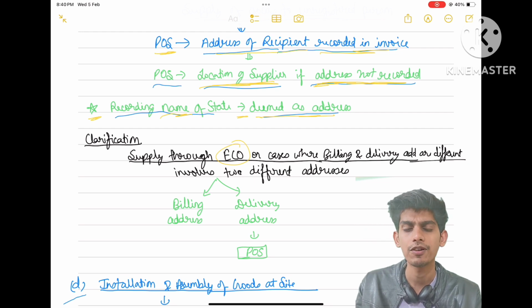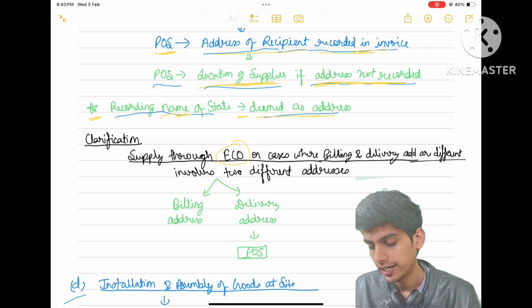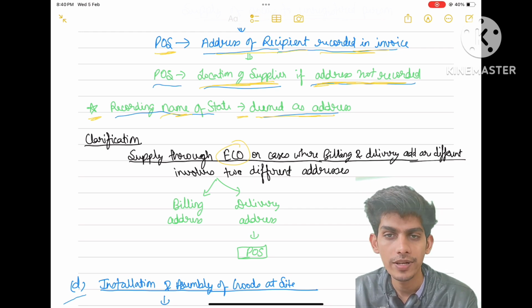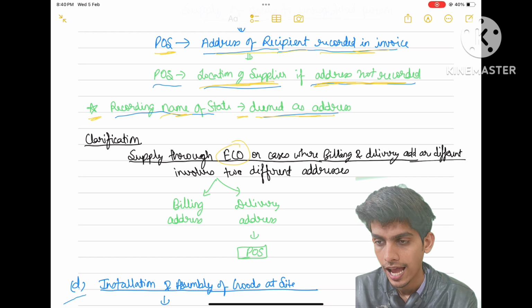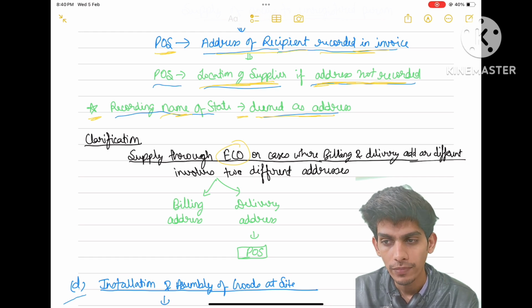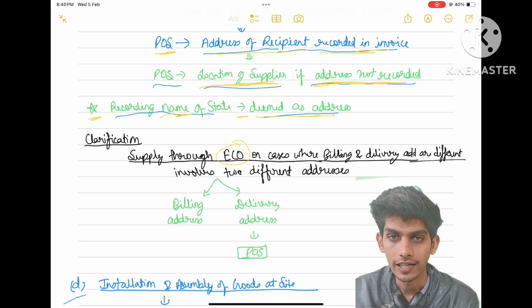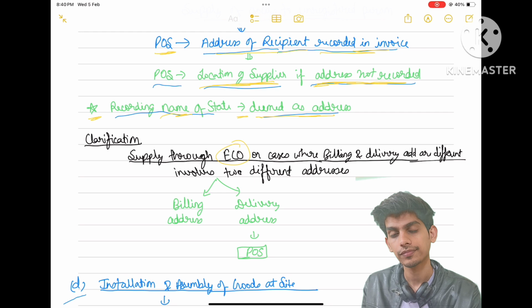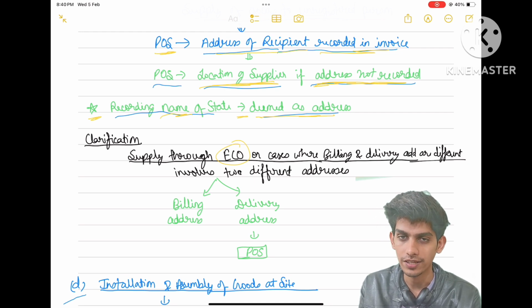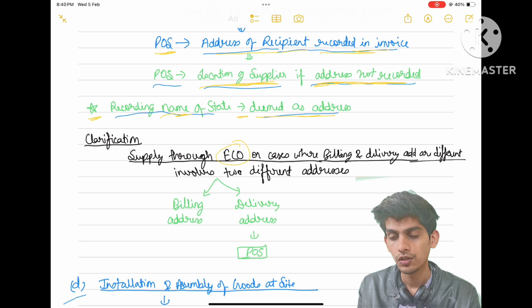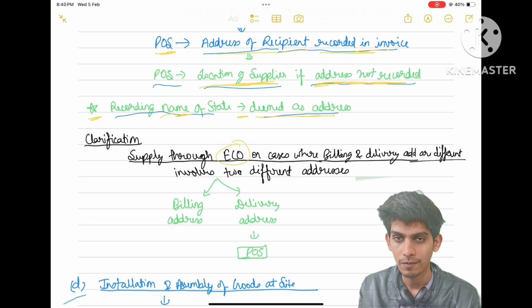Let me give you an example. Let's suppose you are living in Delhi and your mom lives in Bangalore. You want to buy some gift for your mom on Mother's Day. So you will order something from Amazon and you will tell Amazon to directly deliver the goods to your mom's home in Bangalore.